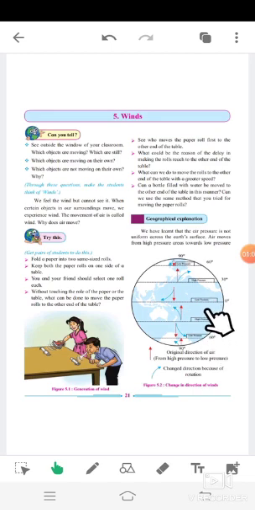This is the low pressure, high pressure, also low pressure, high pressure and low pressure. Low to high pressure.